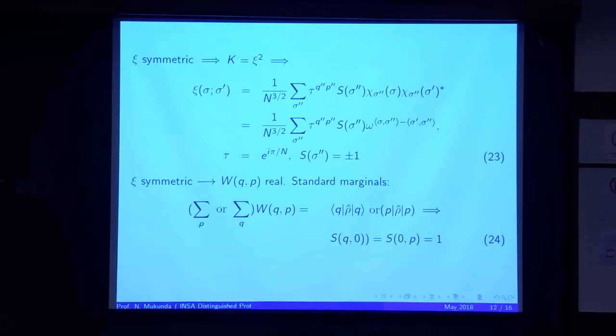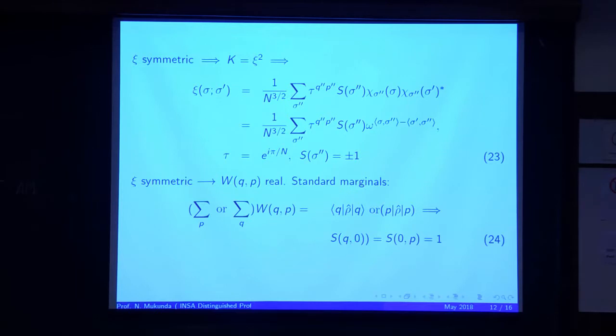If you demand the standard marginal probabilities should be reproduced by this machinery, that is, if you sum over momentum alone, you should get the position matrix diagonal elements of the density matrix. If you sum over position, you should get momentum. This pair of conditions fixes some of these free sign factors.